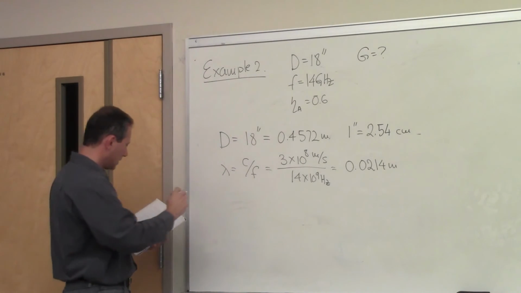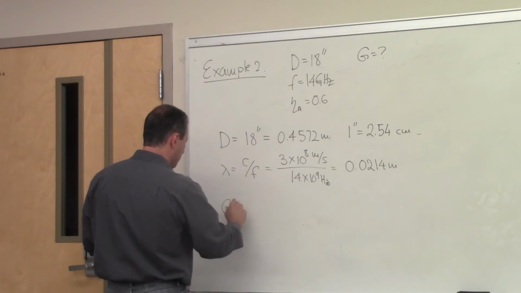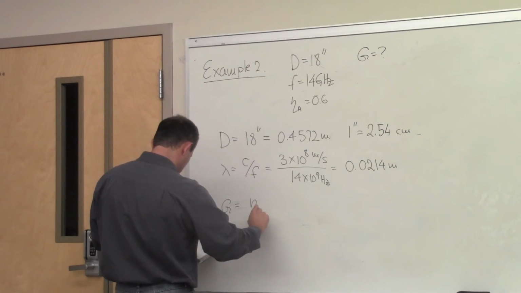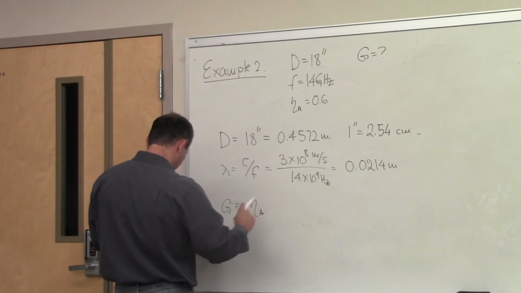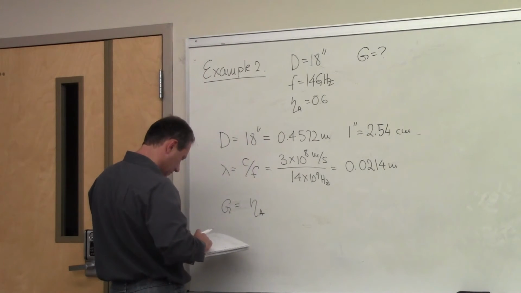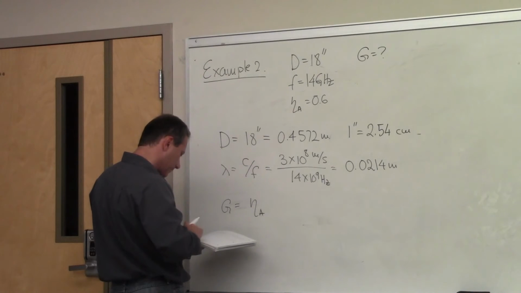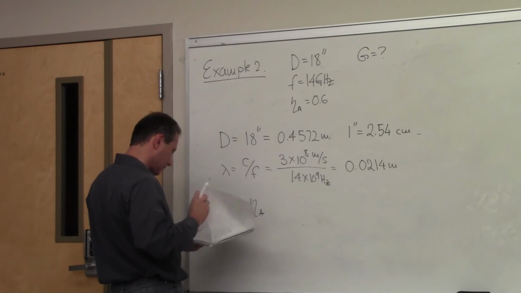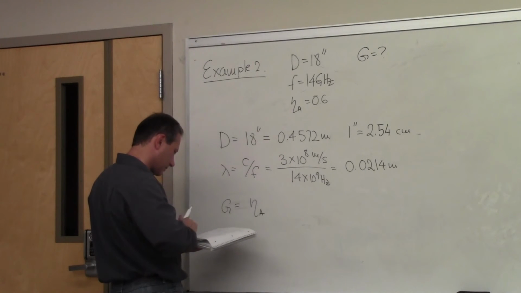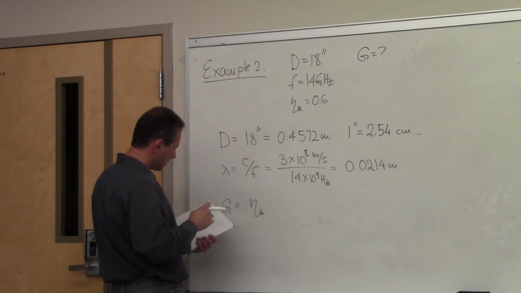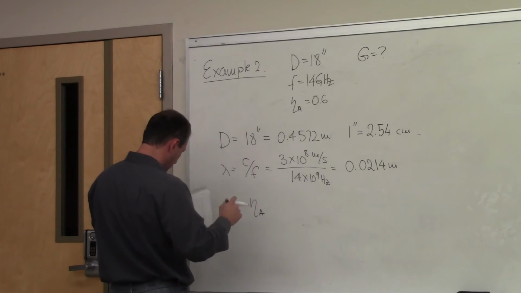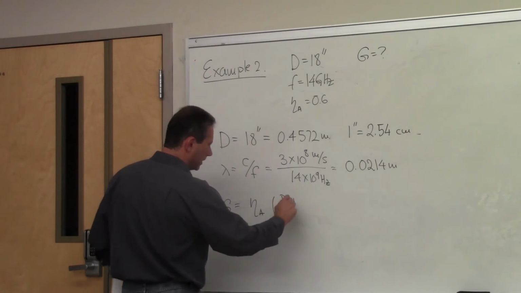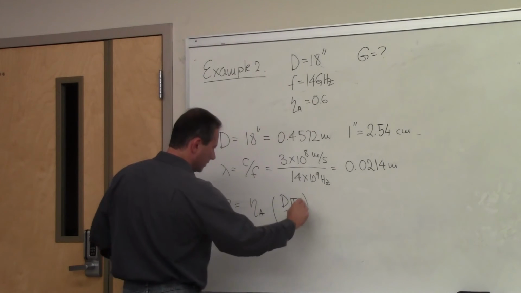And now you calculate your gain. Gain is equal to your efficiency times, I had a formula on that slide, d pi over lambda squared, right?